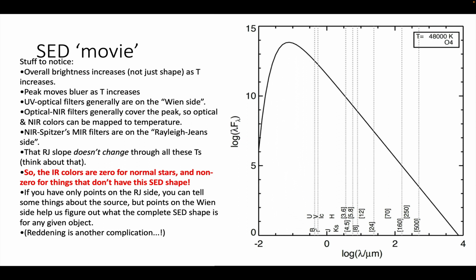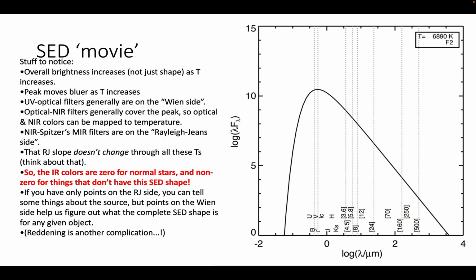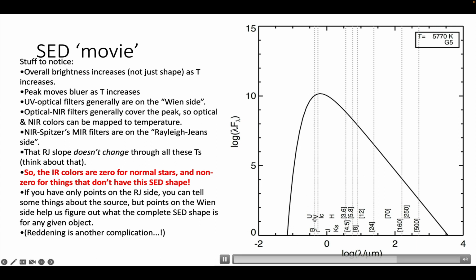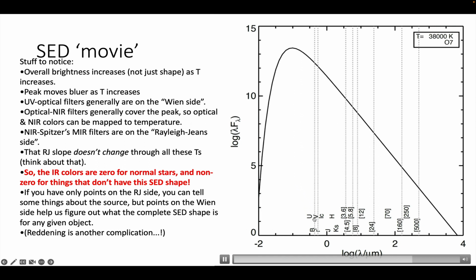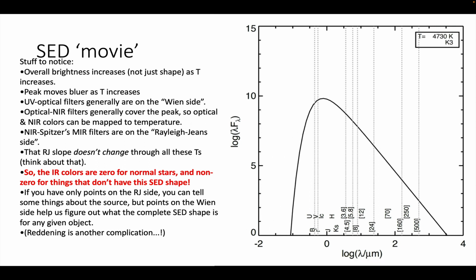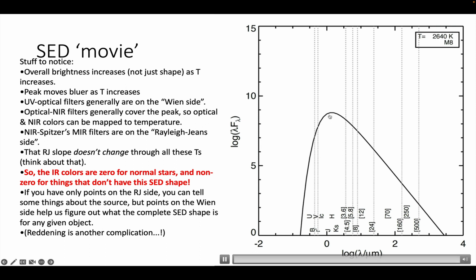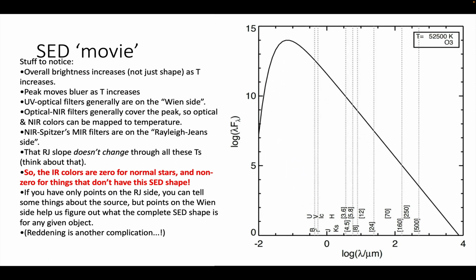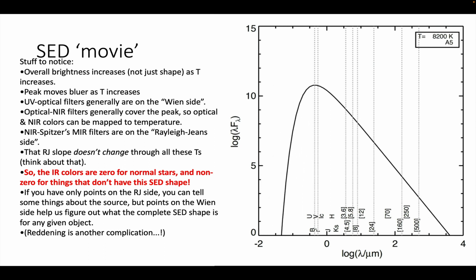The other thing to note is that starting about there, so A stars and later, all of the optical filters are either on the peak or on the Wien side of the curve. The optical and near-IR filters are generally straddling the peak of this function. When you get into the O stars, things are a little bit different.